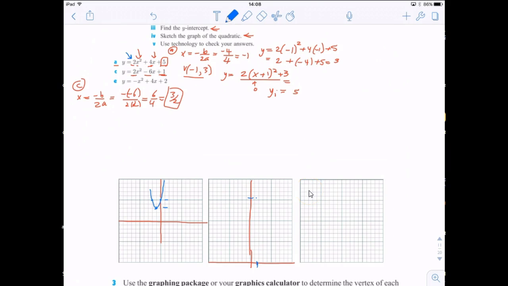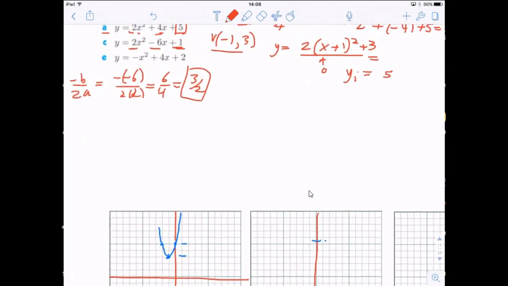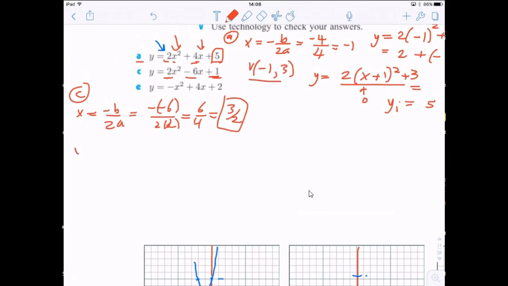Now we'd like to see the value of y that corresponds to that x coordinate of the vertex. And we can do that just by plugging the x value 1.5 into this equation. So we get 2 times 1.5 squared minus 6 times 1.5 plus 1. So that'll give us 2 times 2.25.